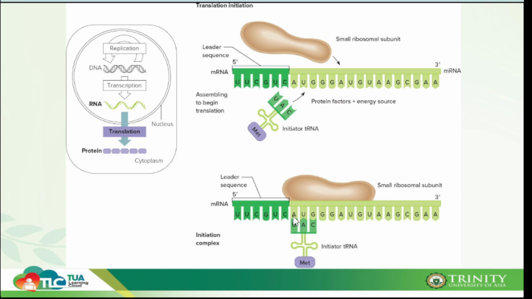What is the complementary of AUG? UAC. And again, ano nga yung AUG? It is our start codon. And what amino acid does it begin with always? Methionine. So, hahaba na nga haba yung amino acid na yan until maging protein siya.